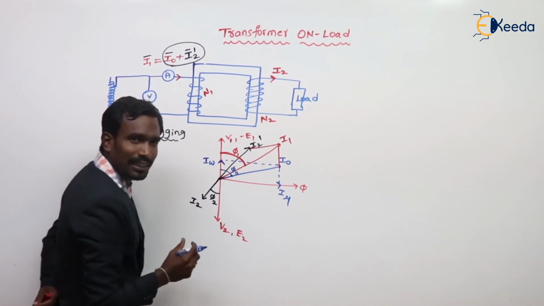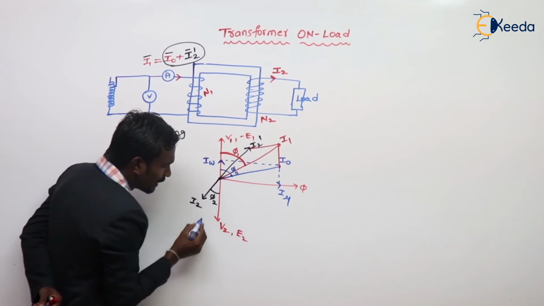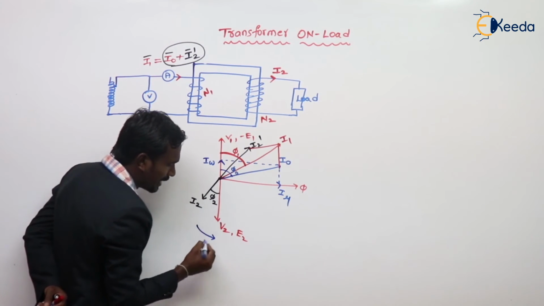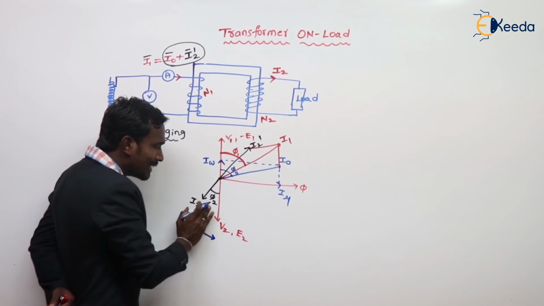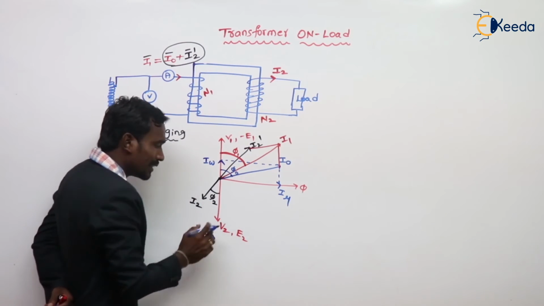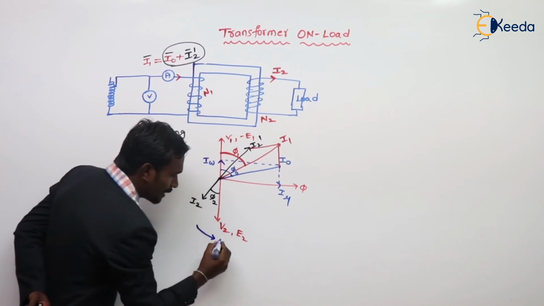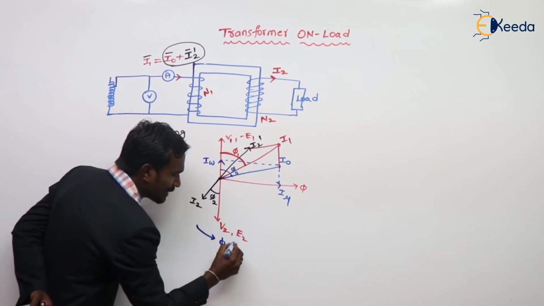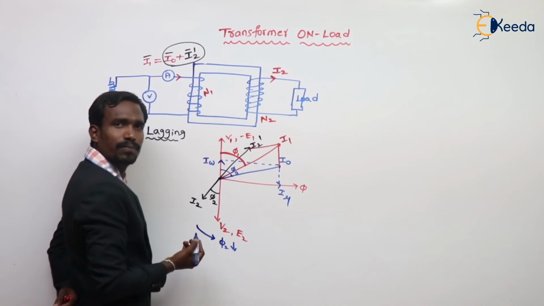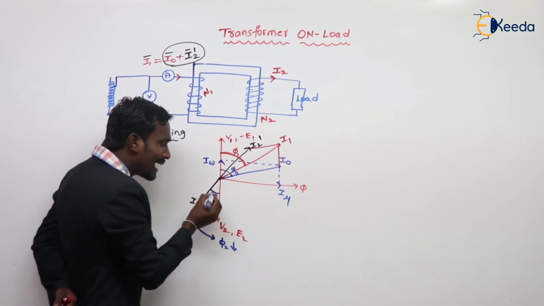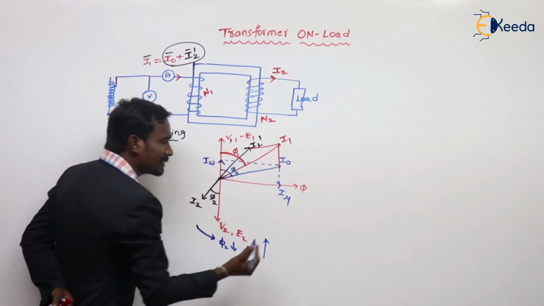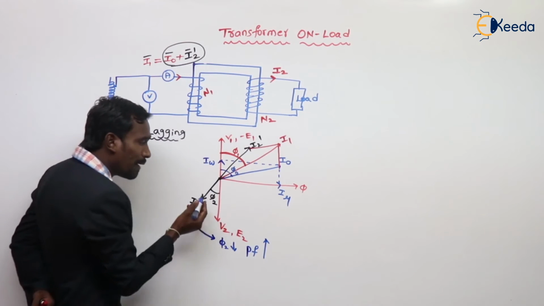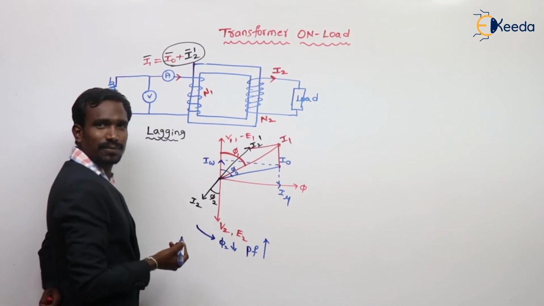See clearly here. If the current I2 moves slightly in this direction, the power factor angle decreases, which means the power factor increases.